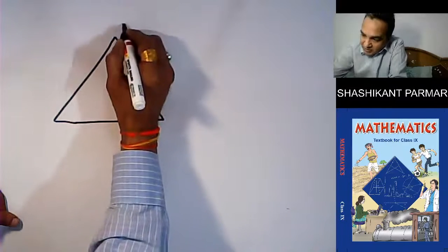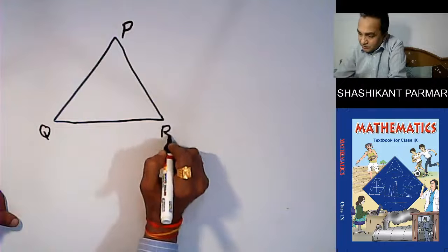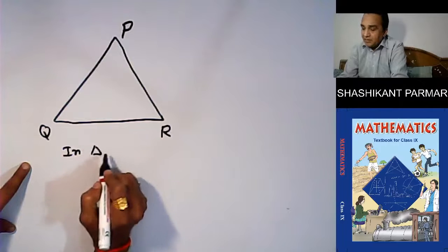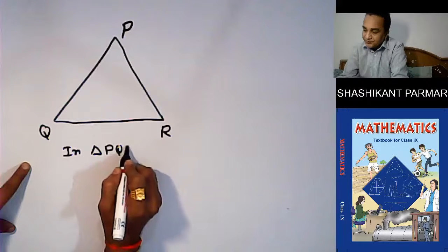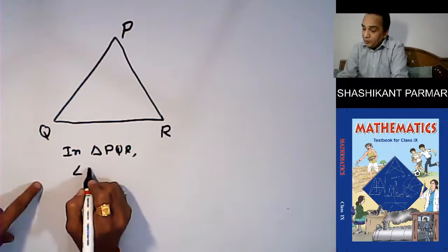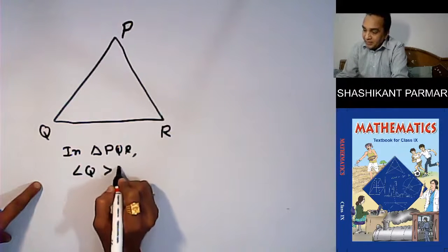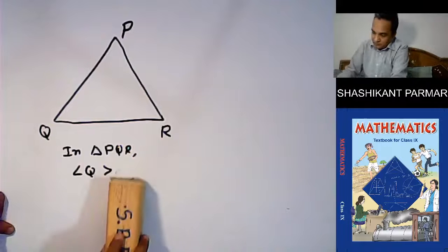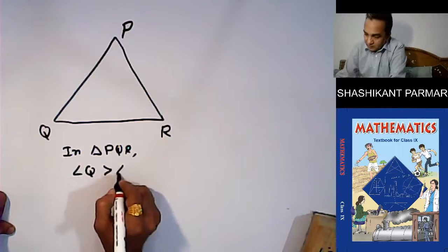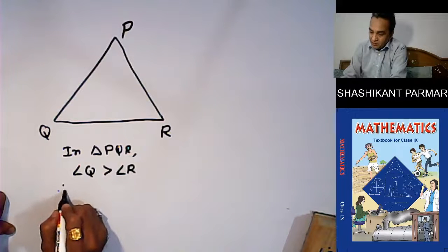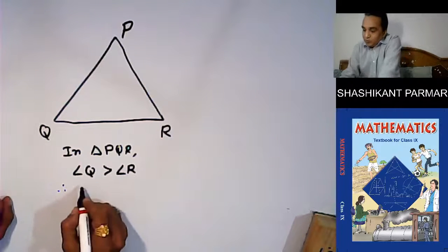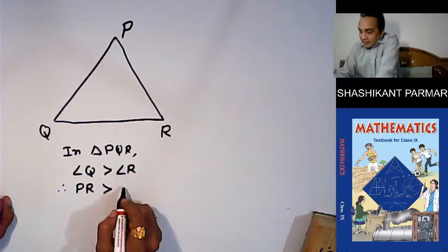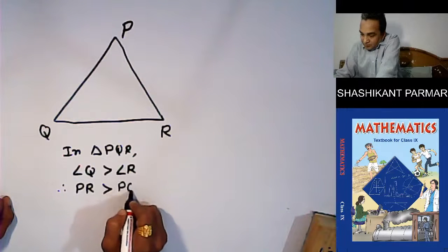What does theorem number 7.7 say? In triangle PQR, if angle Q is greater than angle R, then the opposite side of angle Q, which is PR, is greater than the opposite side of angle R, which is PQ.